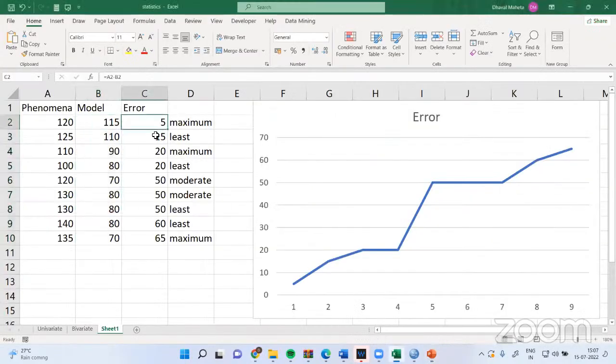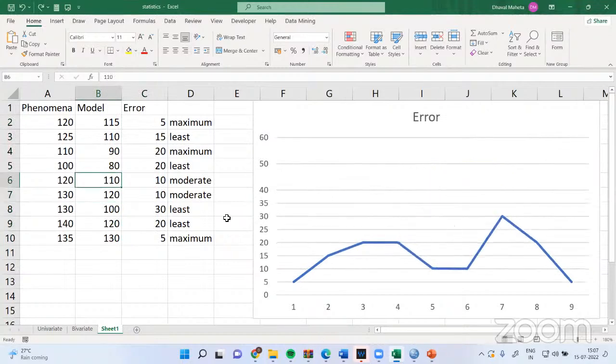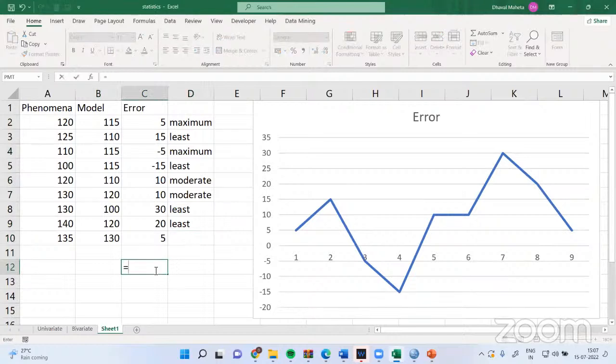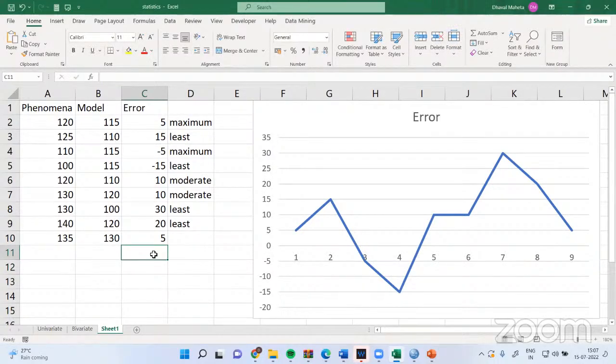Now, when originally linear regression was made, what they had considered is that the summation of all this should be equal to what? Should be equal to 0, the idealistic situation.